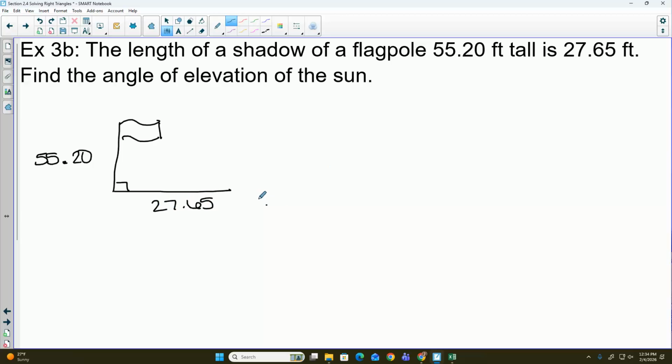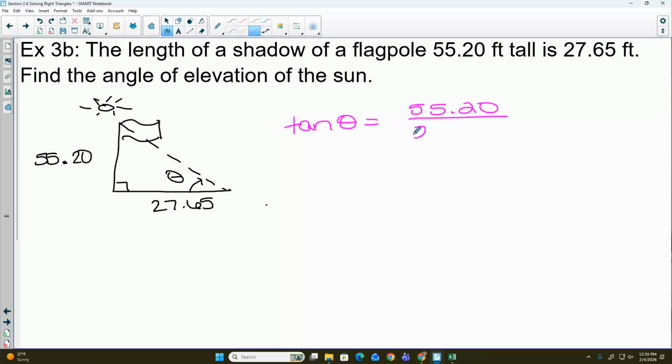Find the angle of elevation of the sun. So sun's up here in the sky. Angle of elevation would go from a horizontal line up. So I'm just asking you to find this angle here. What trig function could I do? Tangent of theta. Tangent's opposite over adjacent. If we want an angle, how do we find it? Tangent.